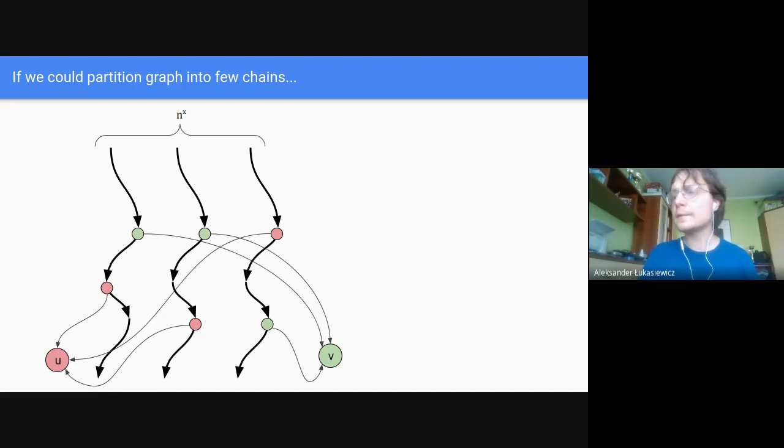Then if we have another vertex v and we want to compute the LCA of u and v, for every chain we take a minimum of two numbers, and then we take a maximum among these minima. Then we know that this is the best candidate.